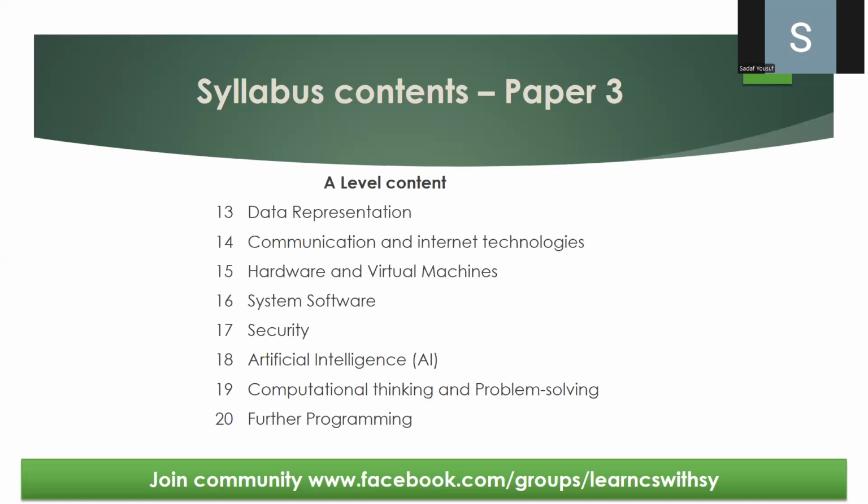After that, the students move to the second level, that is A level, and then they have to prepare paper 3, and the syllabus contents are chapter 13, data representation, communication and internet technologies, hardware and virtual machines, system software, security, AI, artificial intelligence. Chapters 19 and 20 you have to study for paper 3 as well as for paper 4. Chapter 19 is computational thinking and problem solving, and the 20th one is further programming.